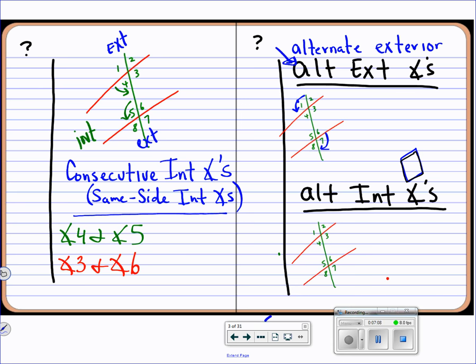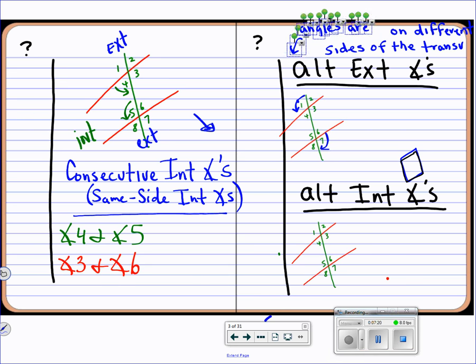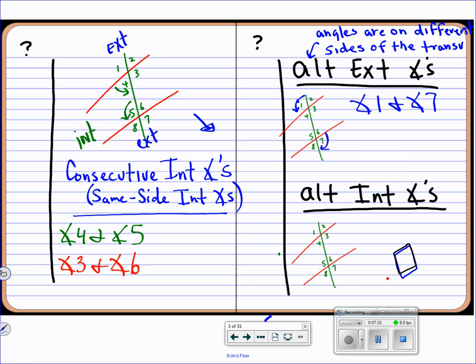That word alternate is telling you one's on one side, one is on the other. All right, angles are on different sides of the transversal. All right, very good. That's what the alternate's going to be. So according to that, angle 1 and angle 7 are a pair of alternate exterior angles.